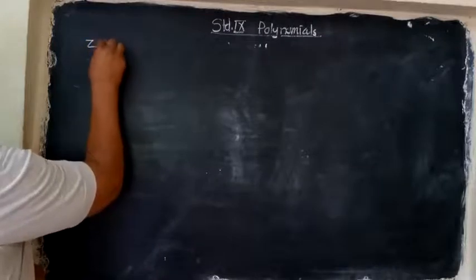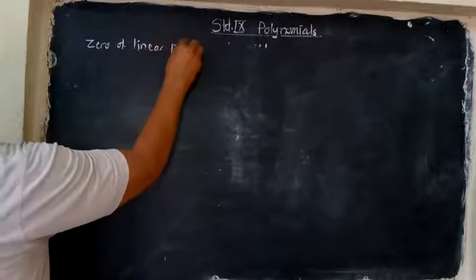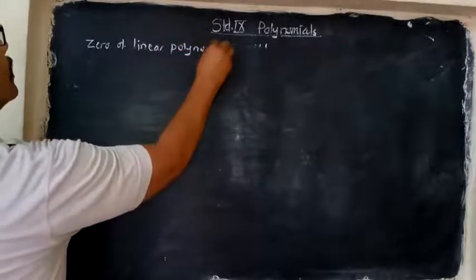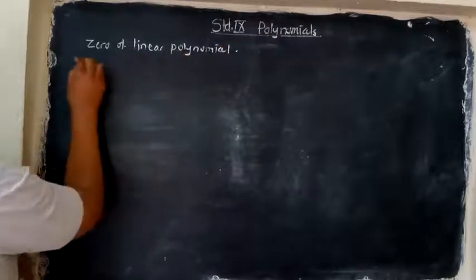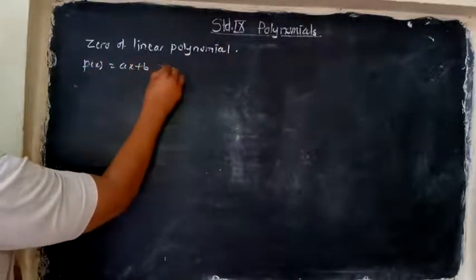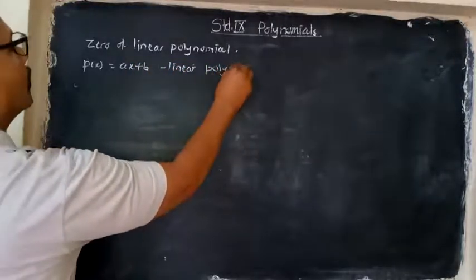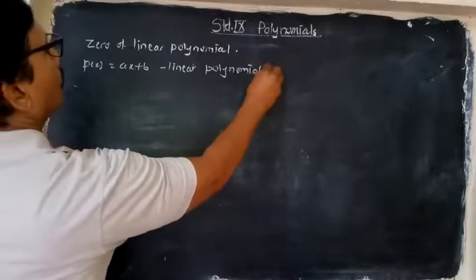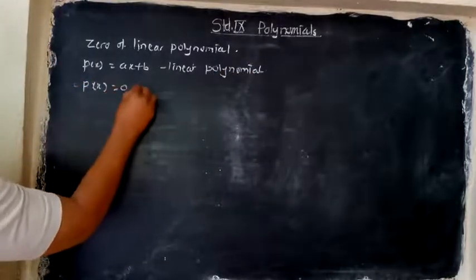Zero of linear polynomial. Now px is equal to ax plus b. This is our linear polynomial. Now to find out its zero, consider px is equal to 0.